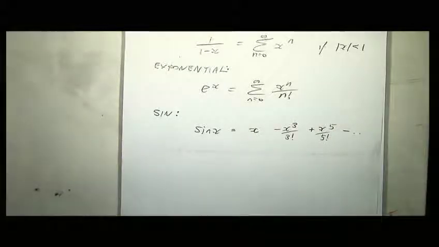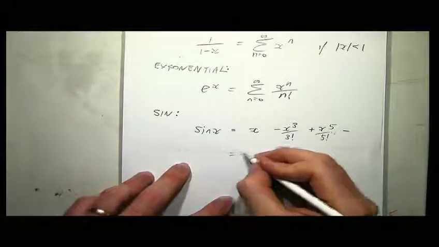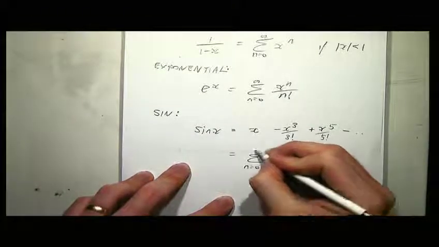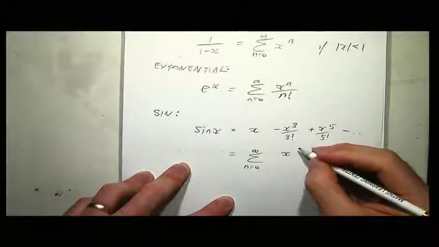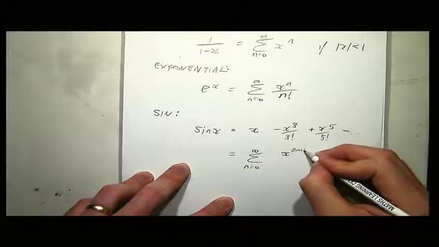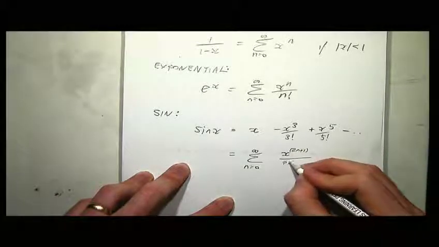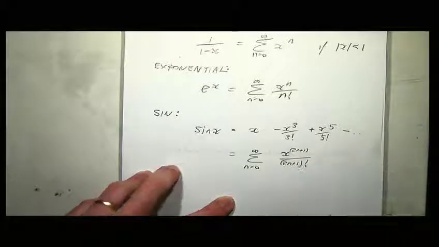These terms are exactly the same as the terms from e to the x. It's just that I've only got the odd ones and they switch between plus and minus. So the way of writing that is to say it's only the odd ones, 2n plus 1. That's how you get an odd number.